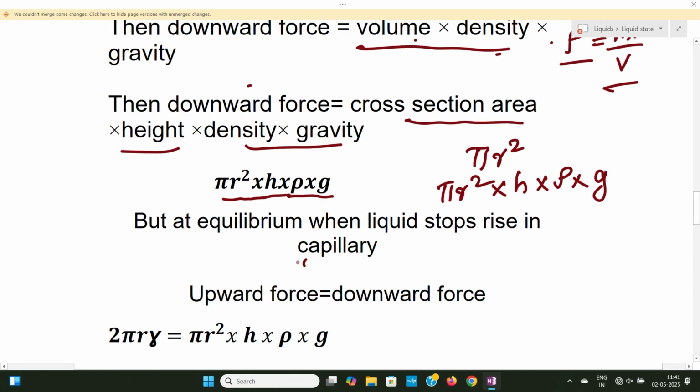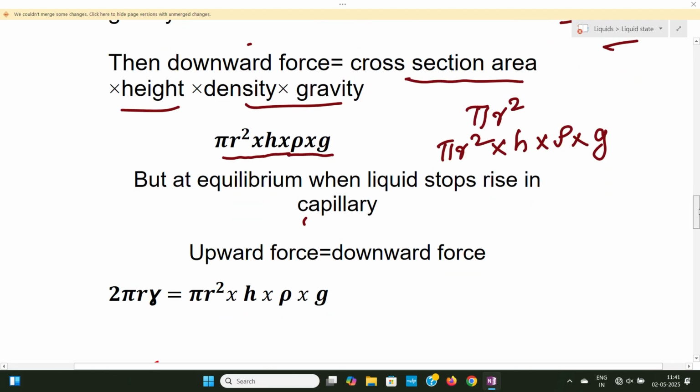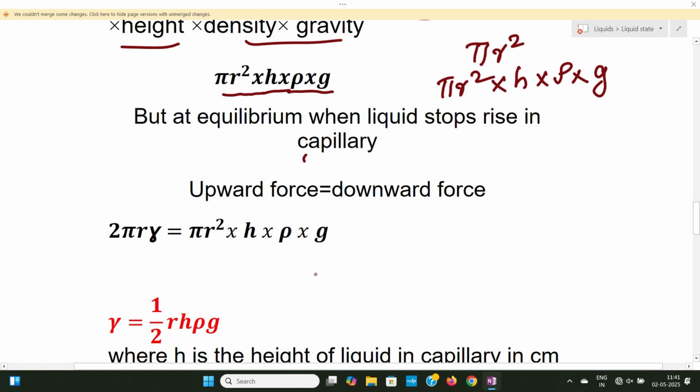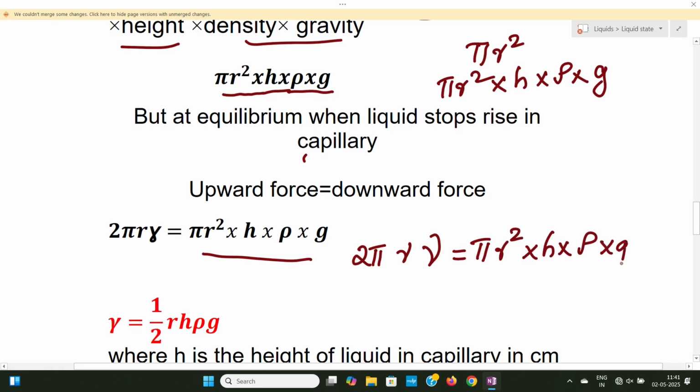Therefore, 2 pi r gamma is equal to pi r square into h into rho into g.